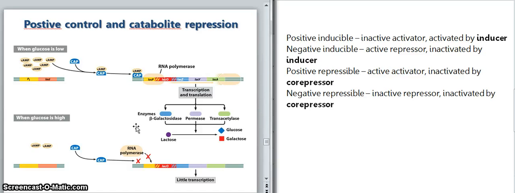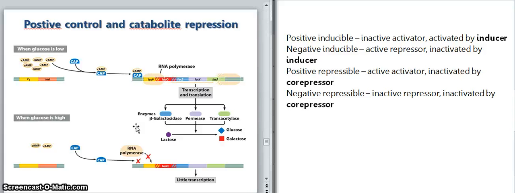And so normally E. coli prefer to use glucose because glucose is easiest for it to metabolize. So glucose is their preferred food source. But if glucose is absent, then they can upregulate alternative pathways that let them metabolize things like lactose and other metabolites.